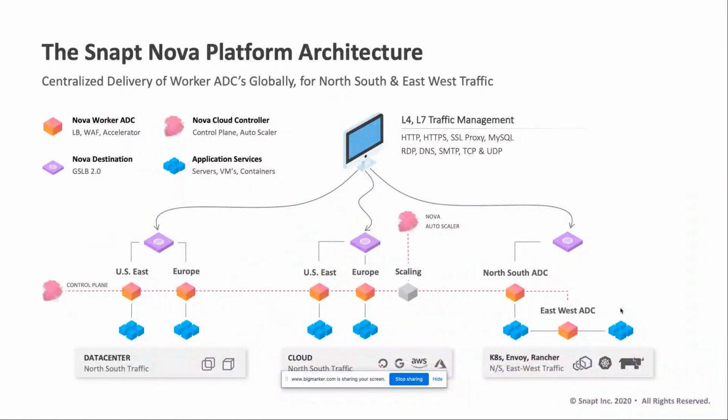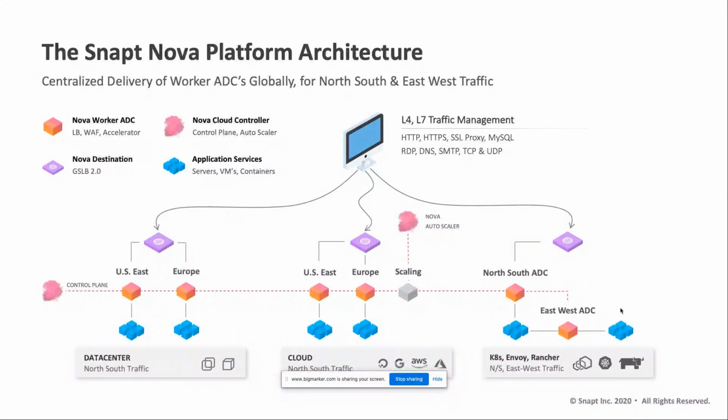If we take a look and examine a real life architecture of how Nova would be deployed to balance and secure an application that's deployed globally. In this example, you can see an application that is deployed across 3 main locations. At the bottom, we have a data center presence, those blue boxes, providing north-south traffic control.